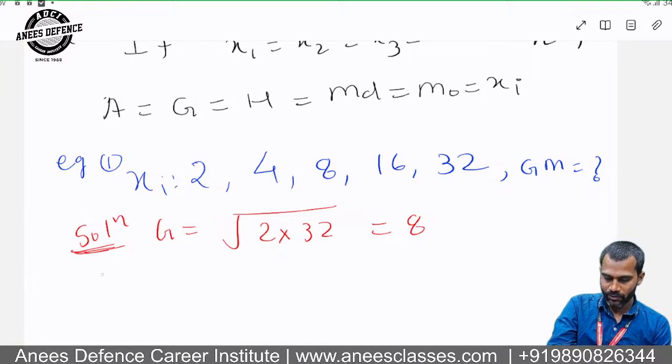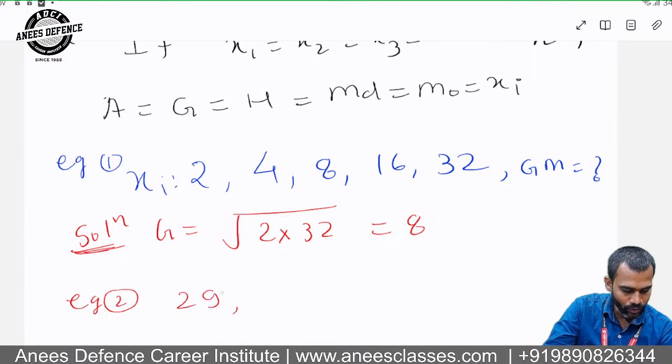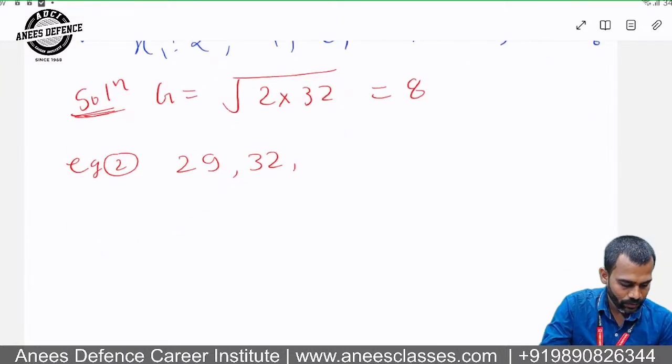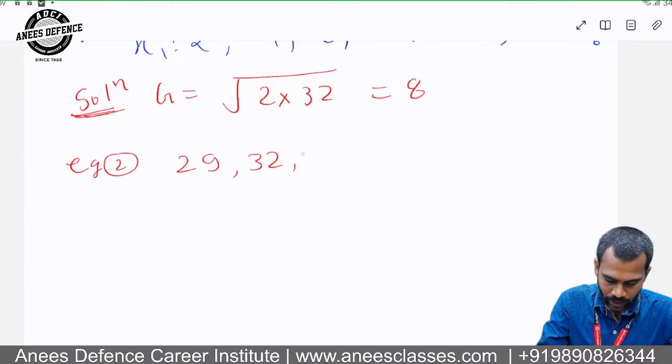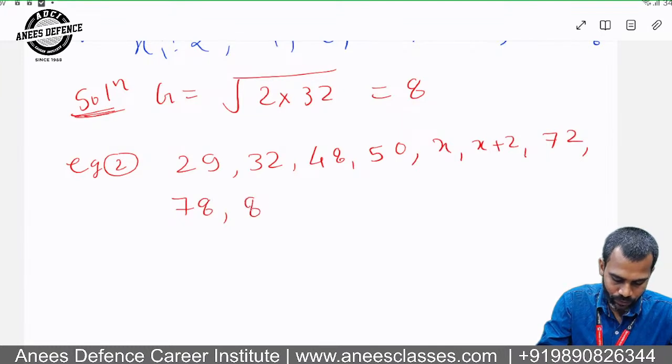Now tell me. Next question. Example number 2. Suppose we have these observations. I'm writing the question in short. 29, 32, 48, 52, x plus 2, 72, 78, 84, 95.